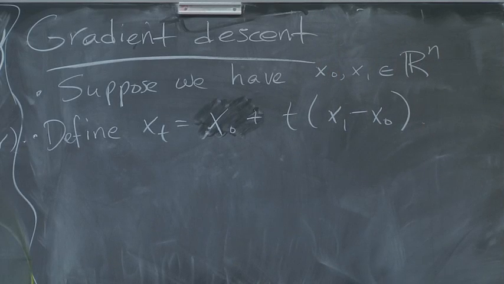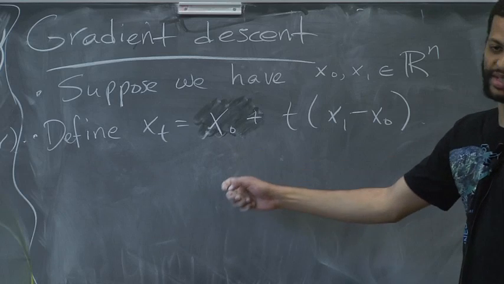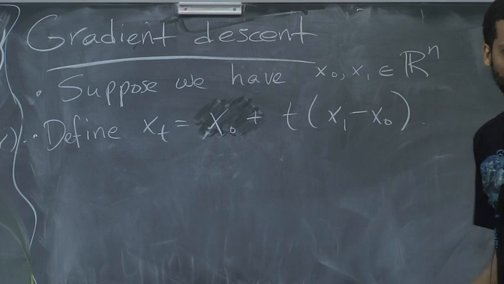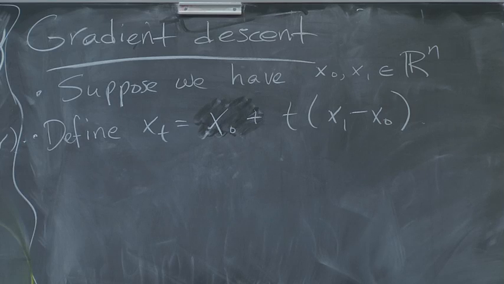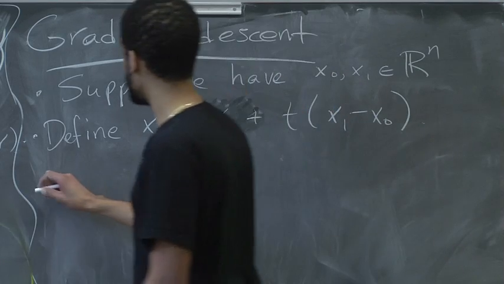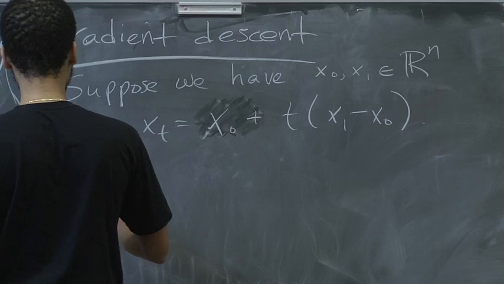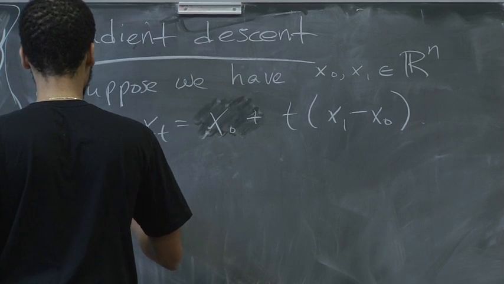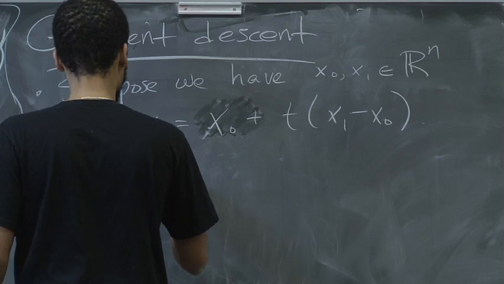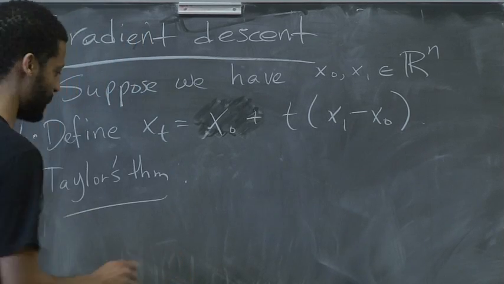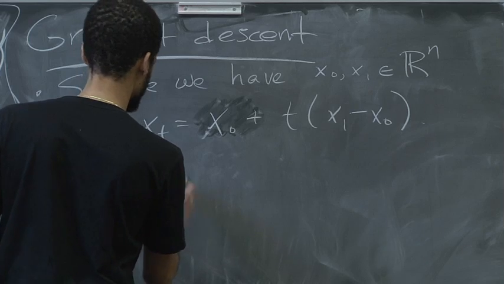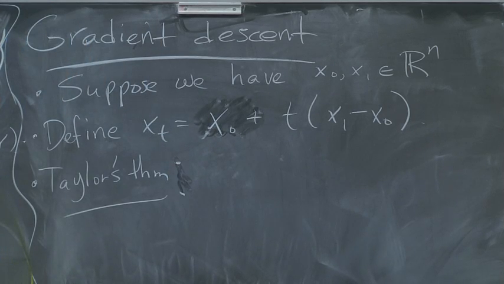So in particular, x0 is x0 and x1 is x1. I'm not going to prove this. It follows from Taylor's theorem with an explicit remainder. If you want to see a proof, it should be in pretty much any calculus book.